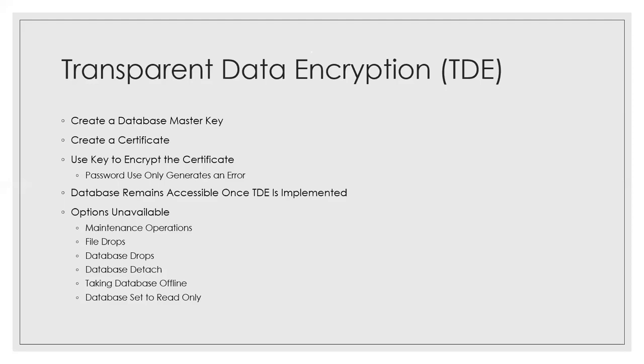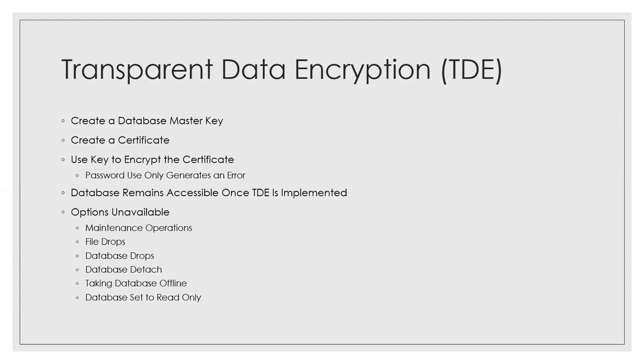So basically data at rest meaning any files related to the database. And so this encrypts databases both on the hard drive and on backup media. So basically this is utilized for mainly encrypting files. So here's the process on how to do that.